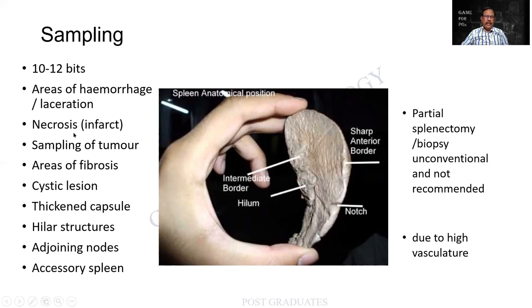Whenever there are areas of hemorrhage and laceration, they should be sampled. Fibrosis, cystic lesions, thickening of the capsule, any other structures such as the adjoining nodes or sometimes an accessory spleen. So keep this list in mind, because the common question will be, where all will you take the bits from?